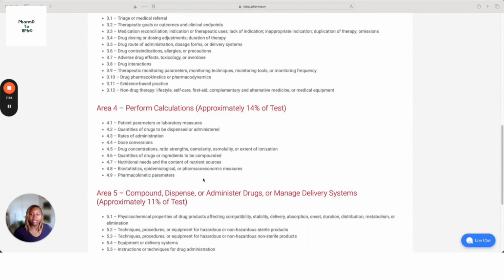Area 4 is calculations. And this is all the calculations combined, from pharmaceutical calculations, which mean anything from dose adjustments, dose conversions, ratio strengths, osmolarity, ionization, to biostatistics, epidemiology, pharmacoeconomics calculations, pharmacokinetics calculations, and patient laboratories when it comes to certain drugs.